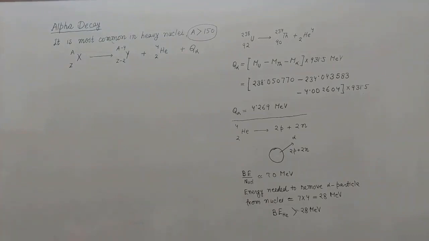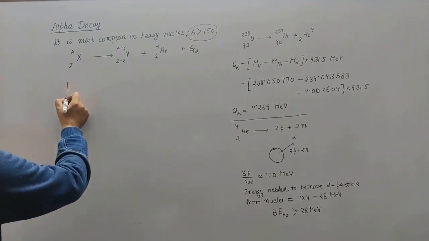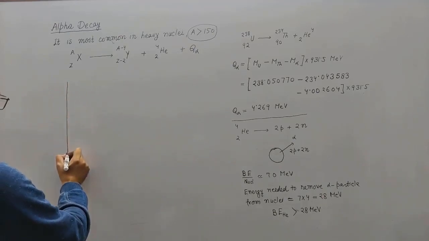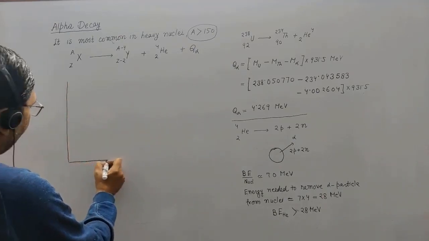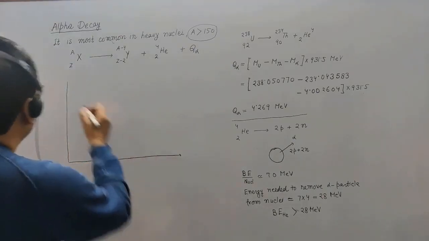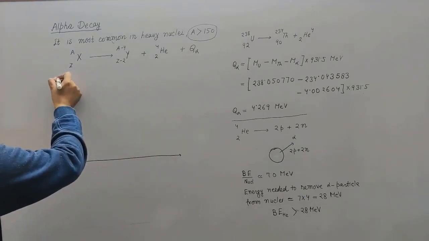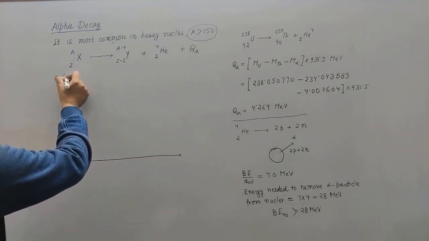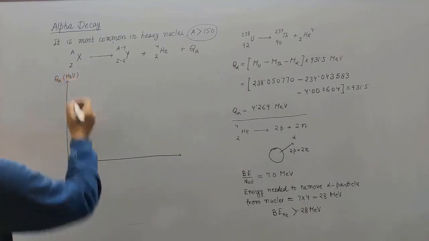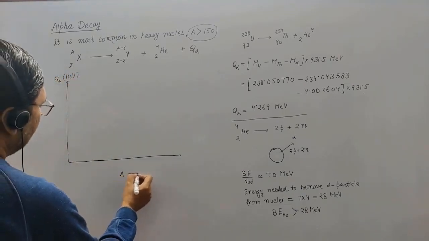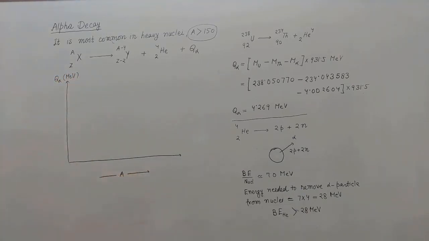If we plot Q alpha as a function of A, here on this axis we have Q alpha in MeV, and on the x-axis we have A number.